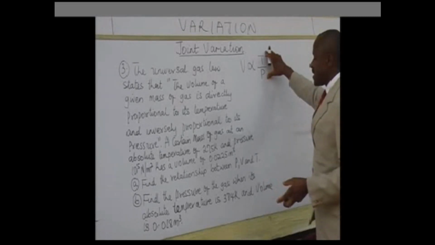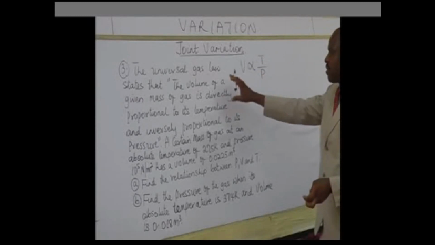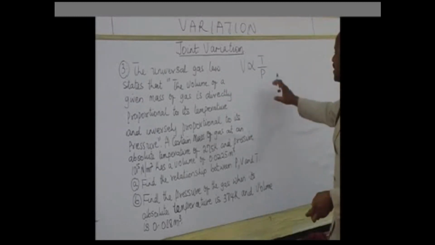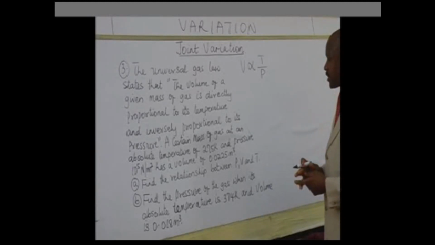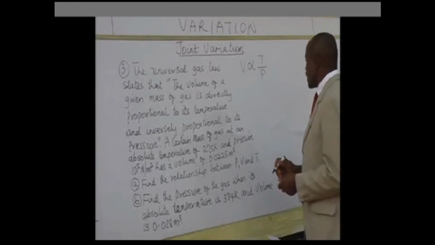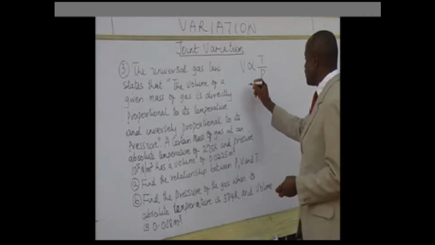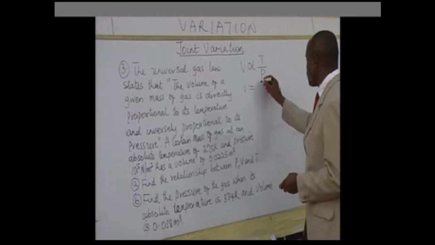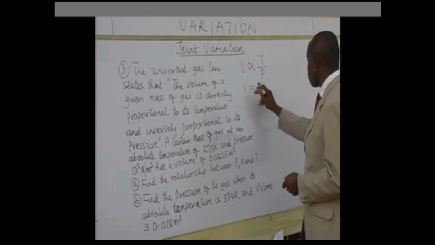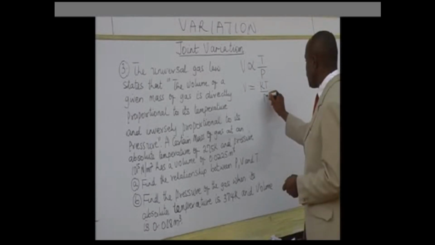So this is the representation of the universal law and is in the form of a joint variation. Now if you remove the sign of variation and replace it with that of equation, you introduce a constant. So the whole thing becomes V is equal to KT all over P.